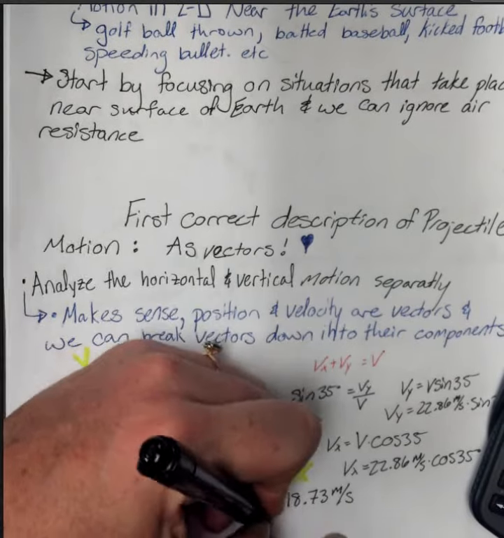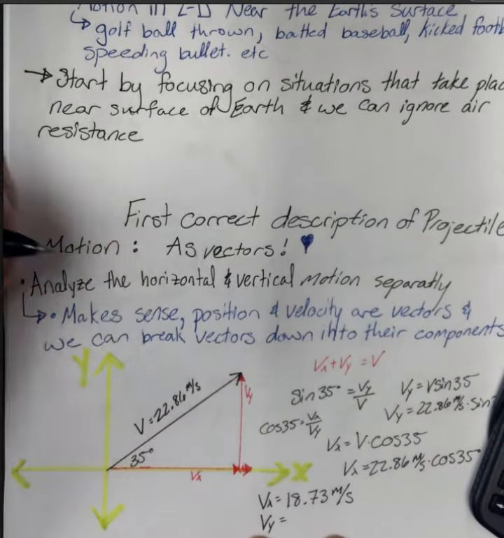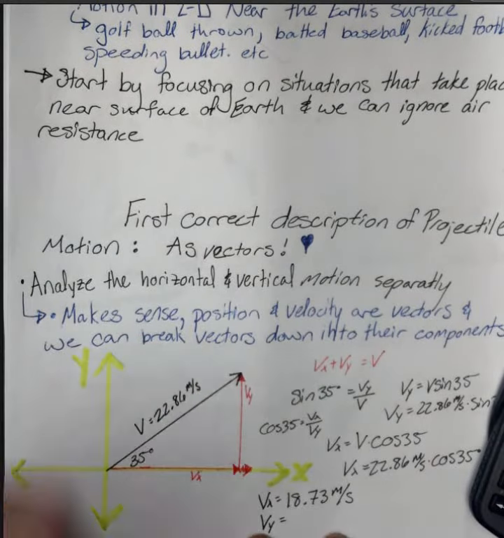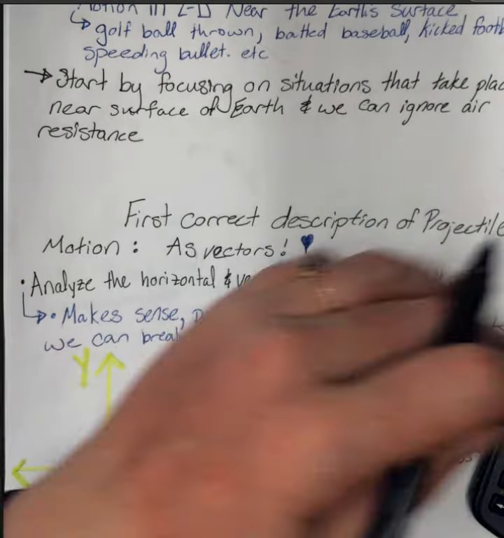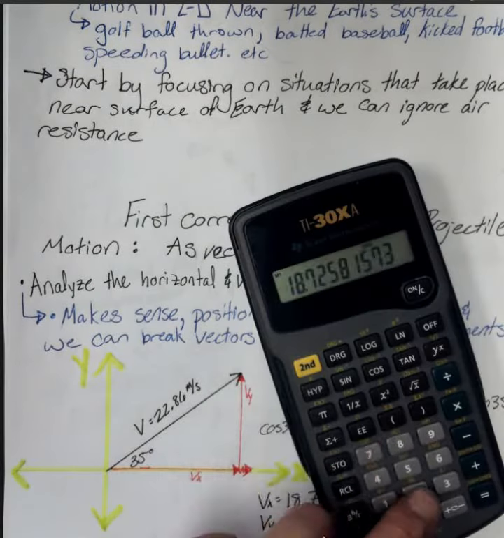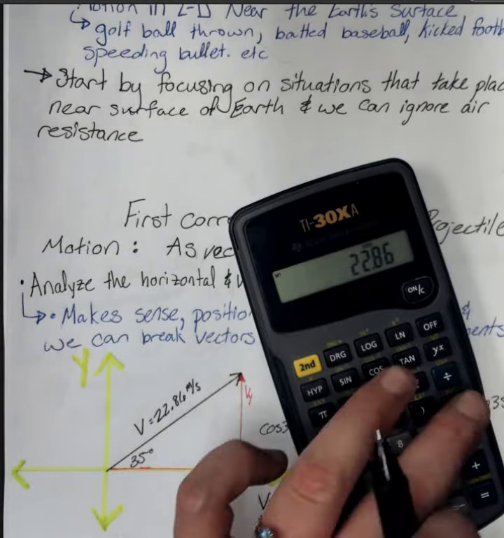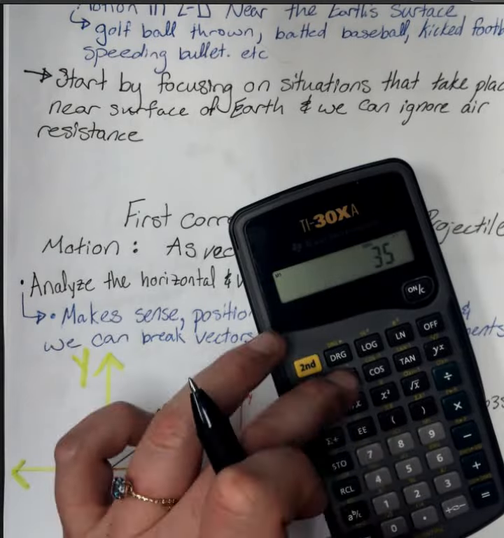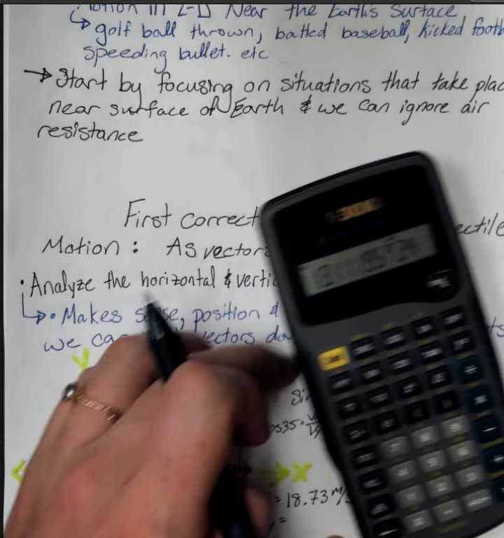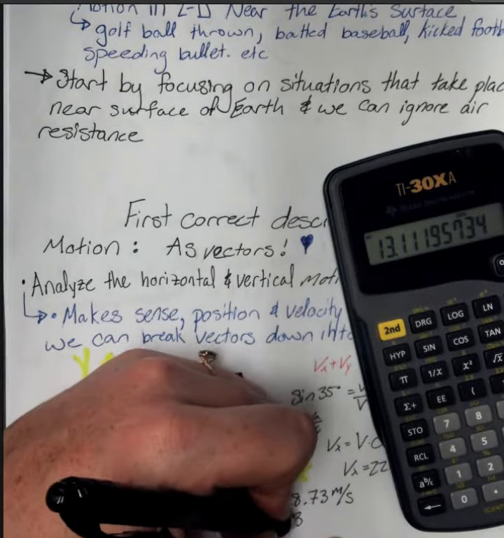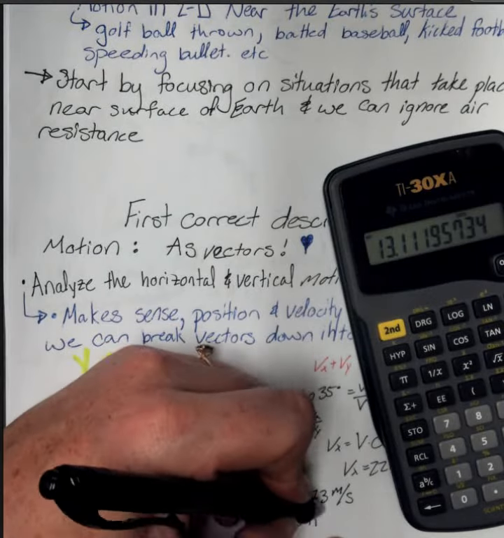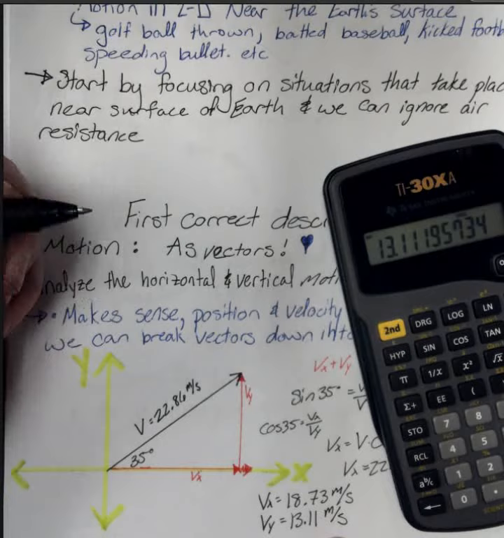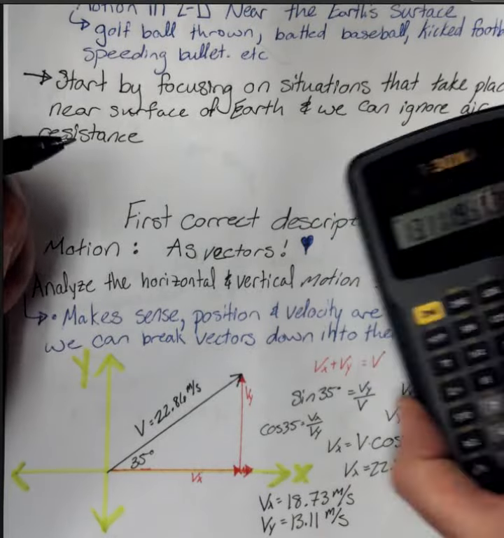And my Vy is going to equal 22.86 times sine of 35, or 13.11 meters per second. All right, so these are the x and the y components, and I can check my work.